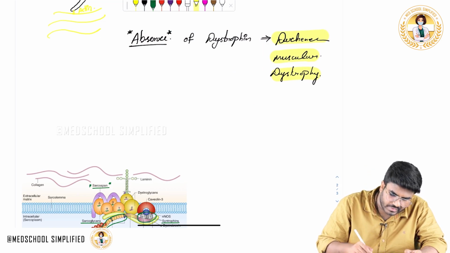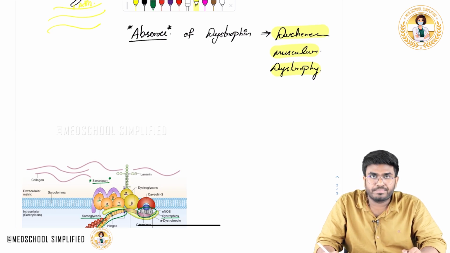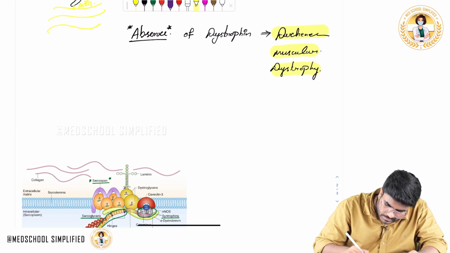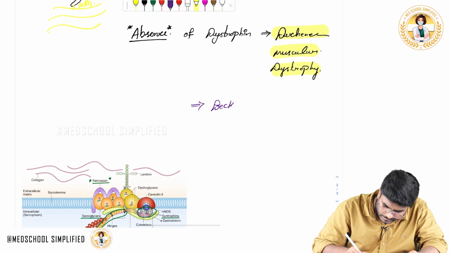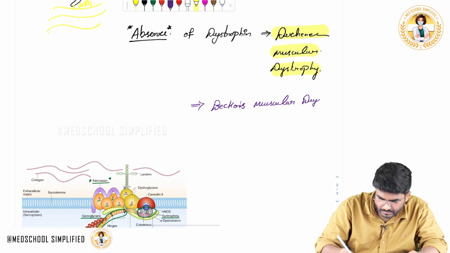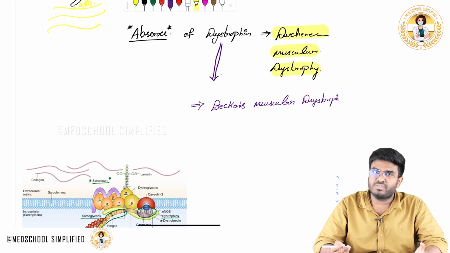For example, if dystrophin is not sufficient, then it is going to cause something called Becker's muscular dystrophy. So dystrophin is now deficient.